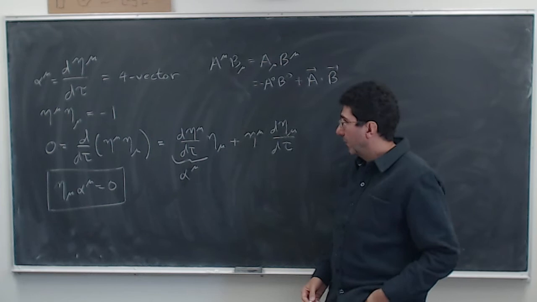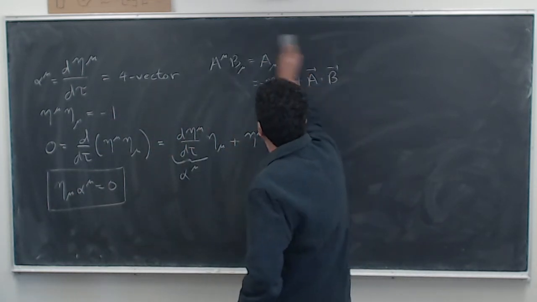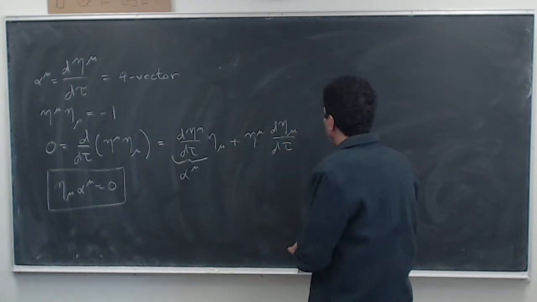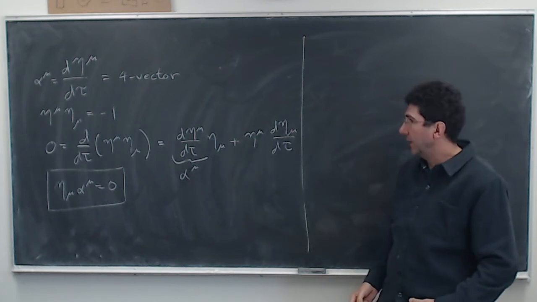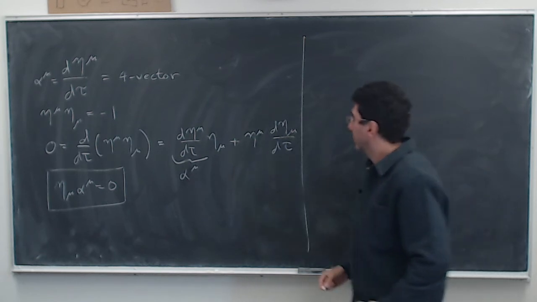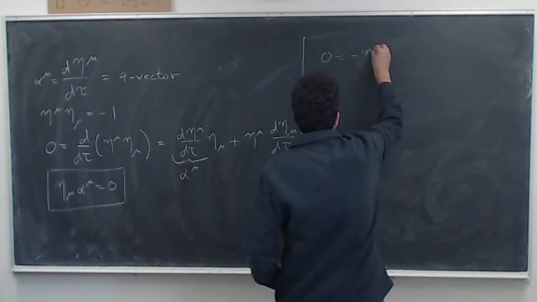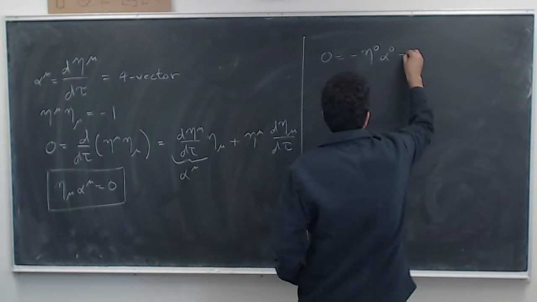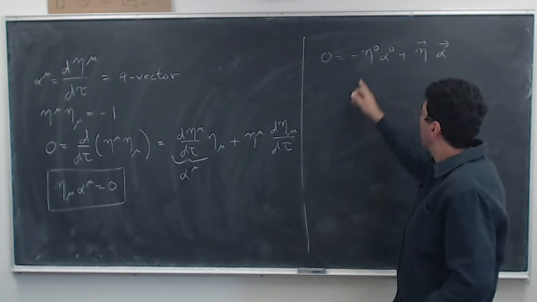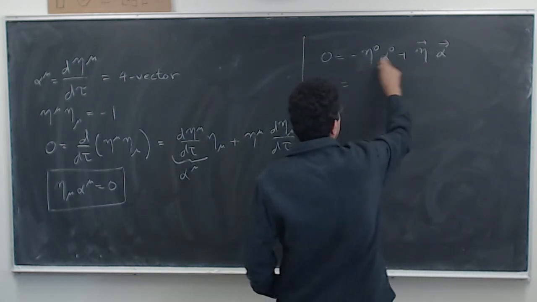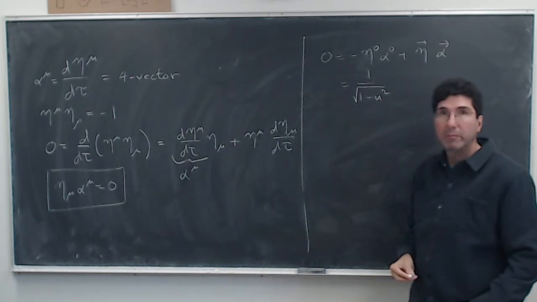Okay? Now this constraint means that the 4 components of the alpha mu are not independent. And to see what that relationship is, let's just plug into that relation. Let's just plug in what eta is. Okay? So that relationship right there tells us that 0 is equal to minus eta 0 alpha 0 plus eta vector dot alpha vector. Okay? And plugging in what these are, eta 0 and eta vector are both proportional to 1 over square root 1 minus u squared.